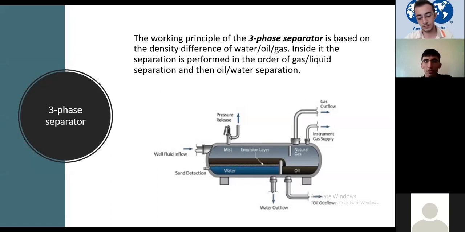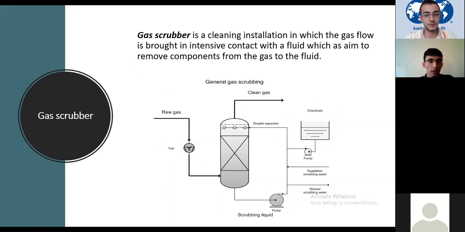So oligomers are generally like oils. So we use a three-phase separator to separate hydrocarbon gases, to separate water, and to separate those oligomers, like the oil in the photo. We use the separator for such an aim.